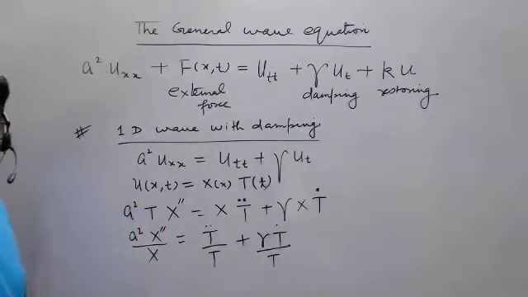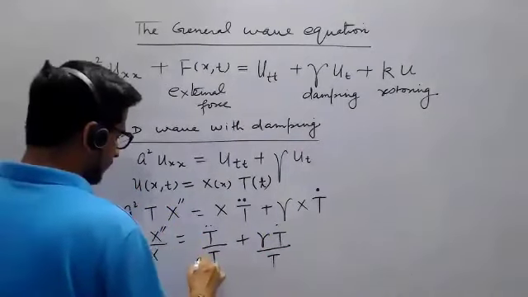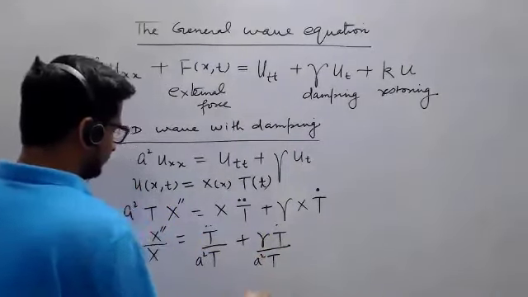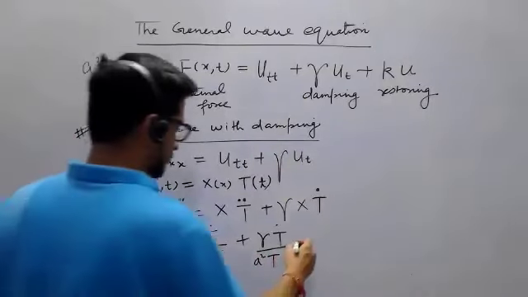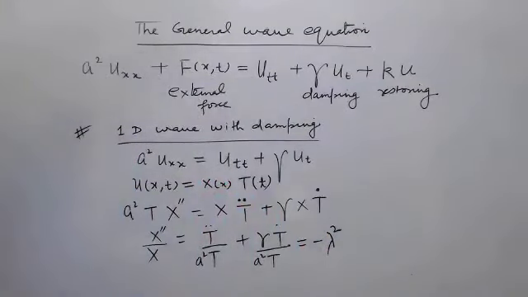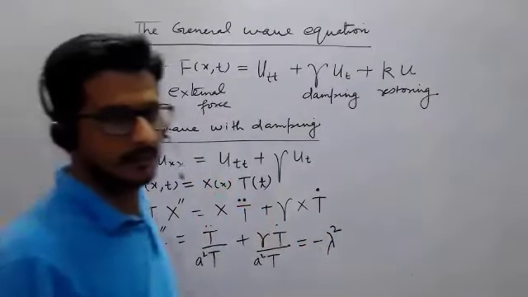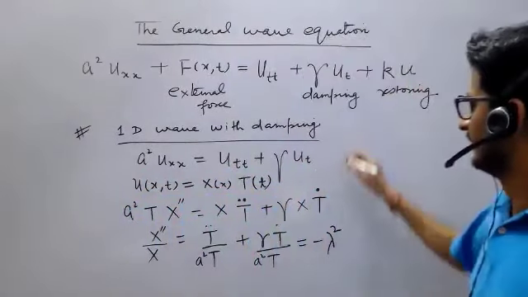And we send a square to this side, just to have a favorable form, and this is equal to minus lambda square. Once you practice, it becomes very very easy.